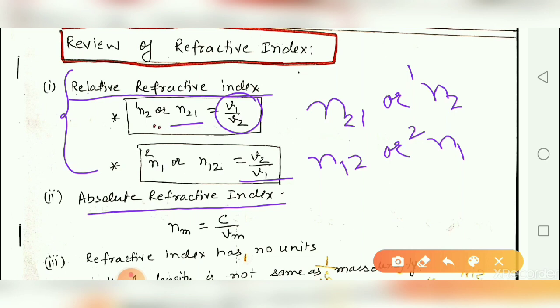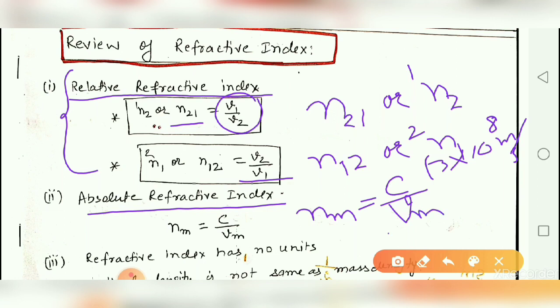Then we will write it as refractive index of the medium is equal to speed of light in air or vacuum, denoted by c, and its value is 3 into 10 raised to the power 8 meter per second, upon vm, that is the speed of light in that medium for which we are finding the refractive index.